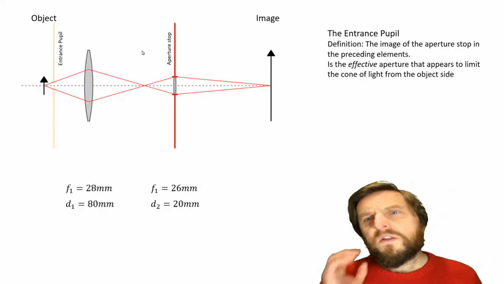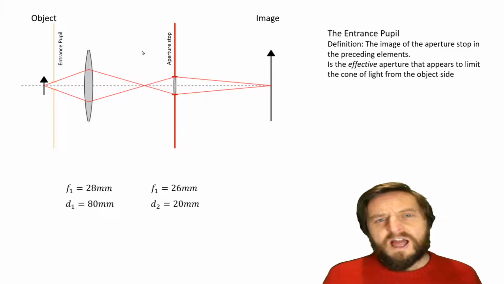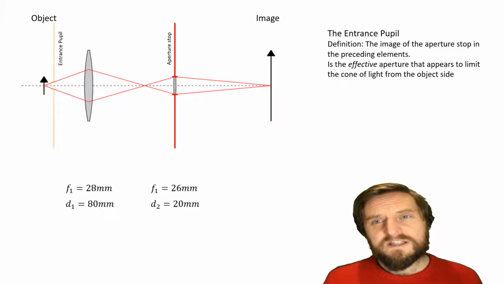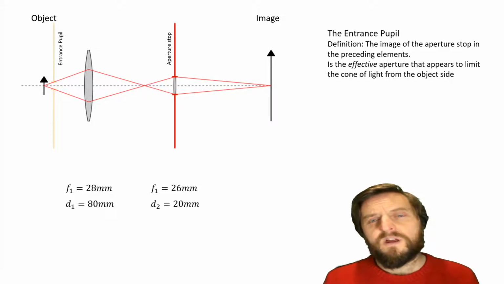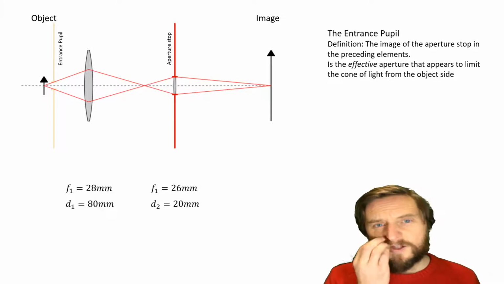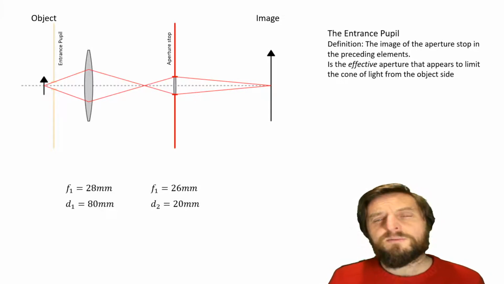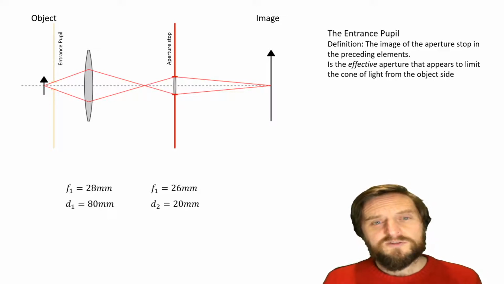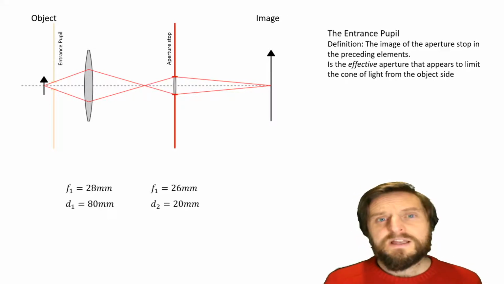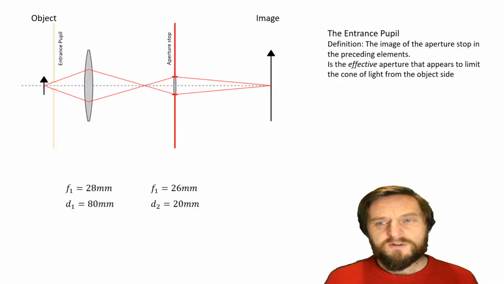So the rays of light go into the system. The maximum ray of light that can go into the system goes in as if it was going to go through the entrance pupil. So that cone of light, the accepted cone of light by the system, has its point at the center of the object, and its base is the entrance pupil of the system.